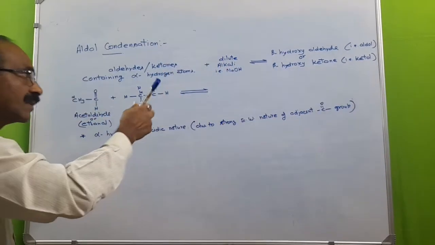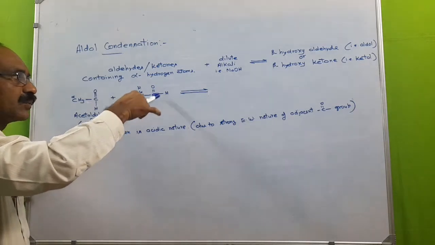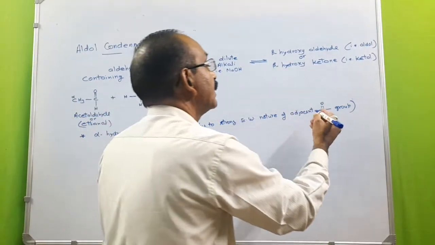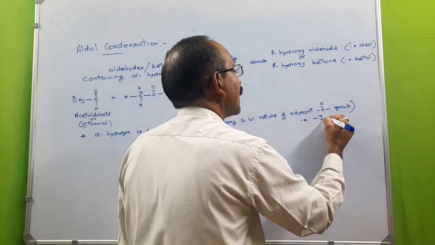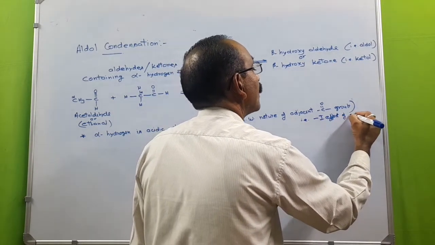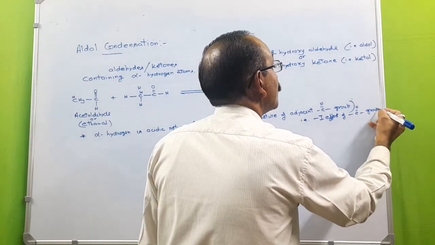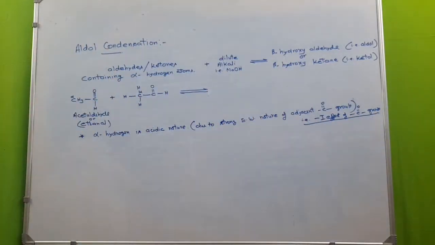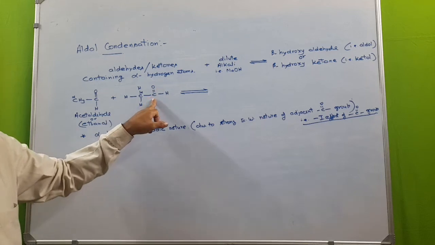See, at the adjacent position there is the CO group, and this one is electron withdrawing. Or we can say this is the minus I effect of the carbonyl group. So the alpha hydrogen is acidic due to the withdrawing nature of the adjacent carbonyl group.